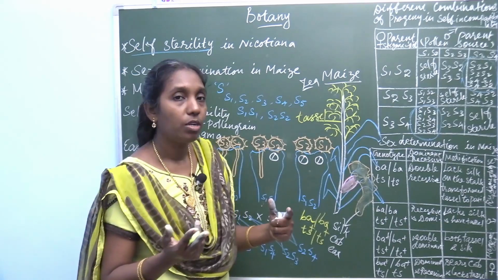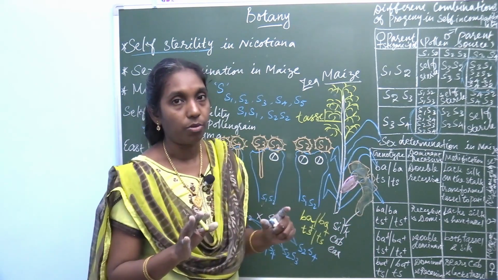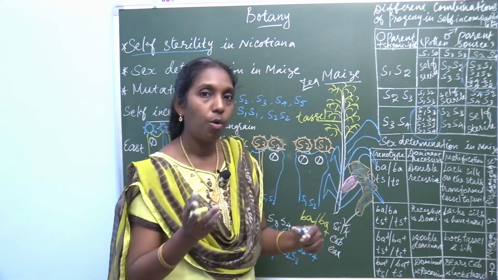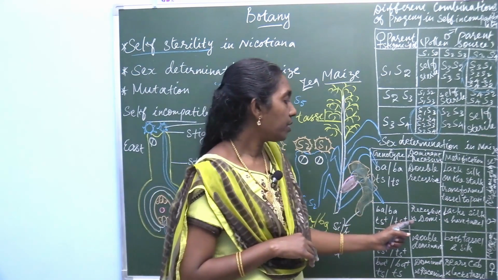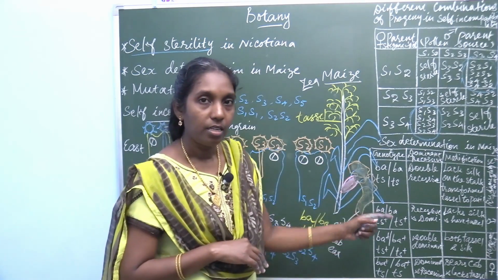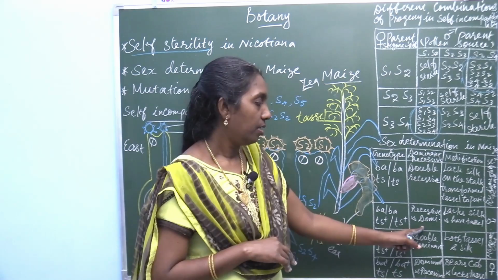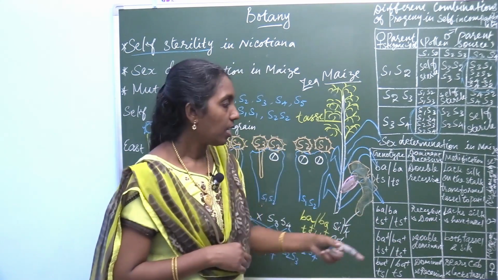The second genotype is BA recessive, barren recessive, and TS dominant. So what happens? Recessive and dominant. What modification occurs?